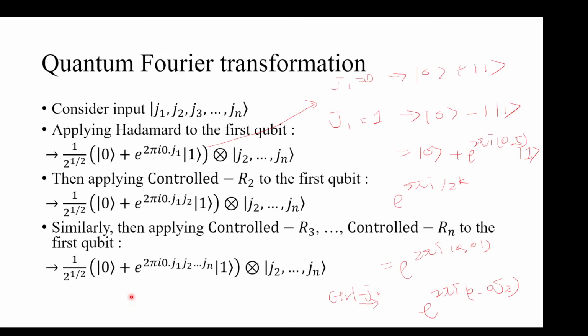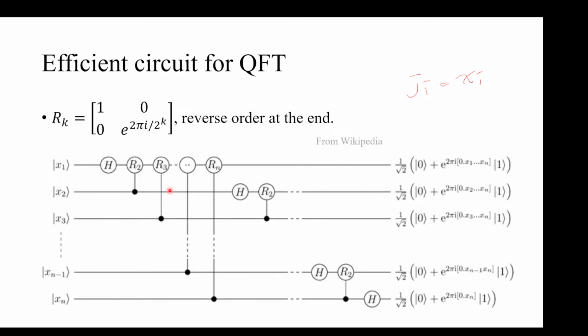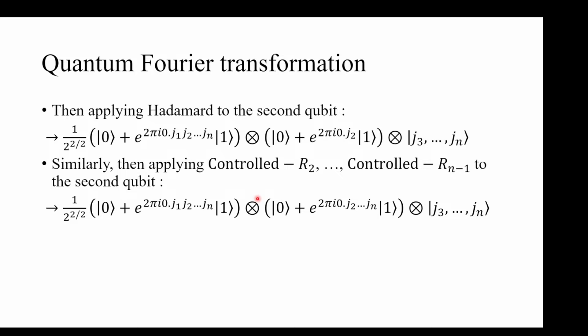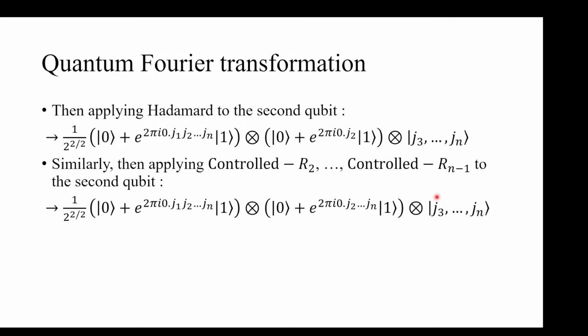And so that's how you get the first qubit, and then similarly on the second qubit, when you do Hadamard, you get this 0.J2, and then you do those controls, where the second qubit is controlled on the third qubit with R2, and then you get the extra 0.0J3 on it, and then you control all the way to Rn, so you have 0.J2 to Jn on the second qubit.